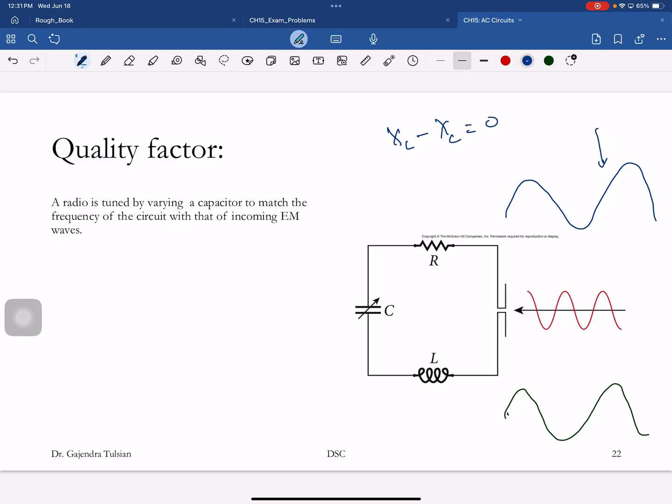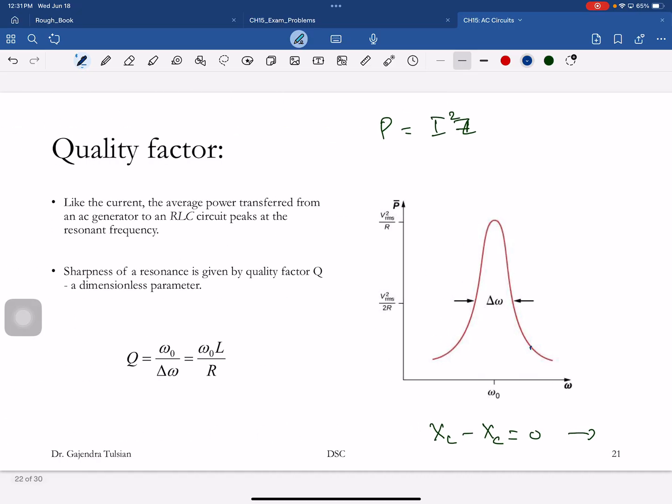For this frequency, if XL minus XC is not 0, it's only delivering this much power. At that frequency, if XL minus XC is 0, it's delivering this part. The other frequencies are delivering this part. So signal to noise ratio will be high.